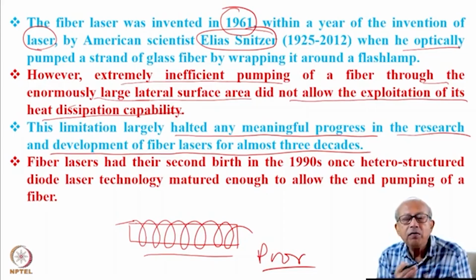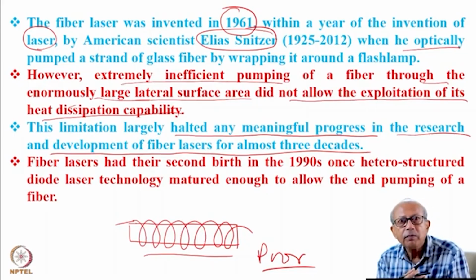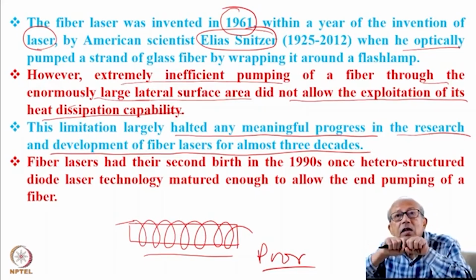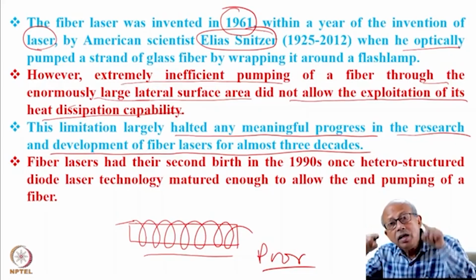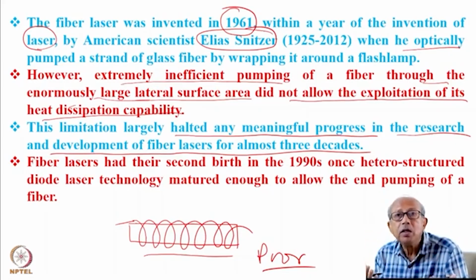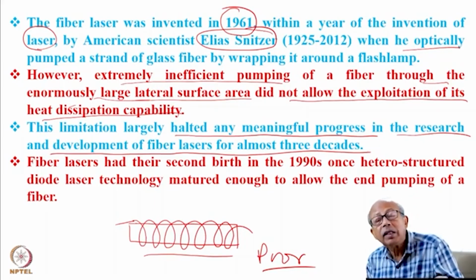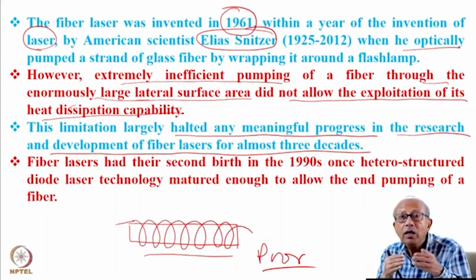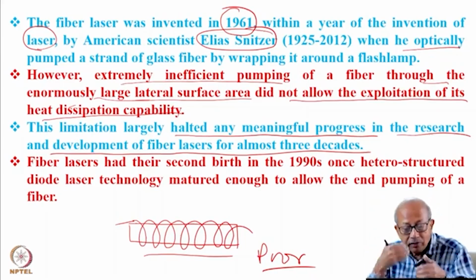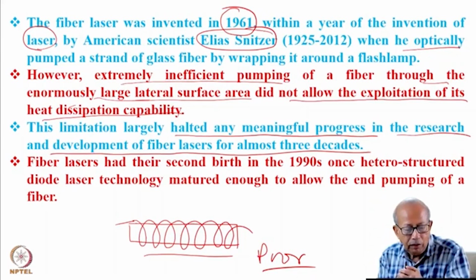It became very inefficient pumping of the fiber because of its exceptionally large surface area that is required to increase its heat dissipation capability, but then it comes in the way of pumping if you have to pump it by its lateral surface.